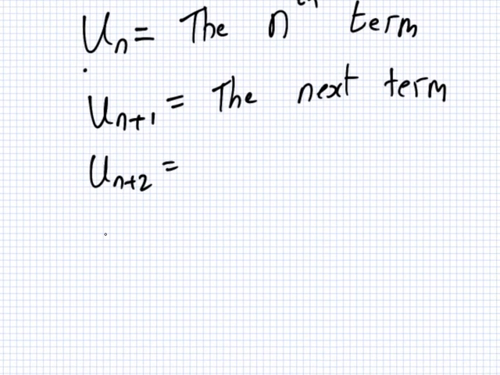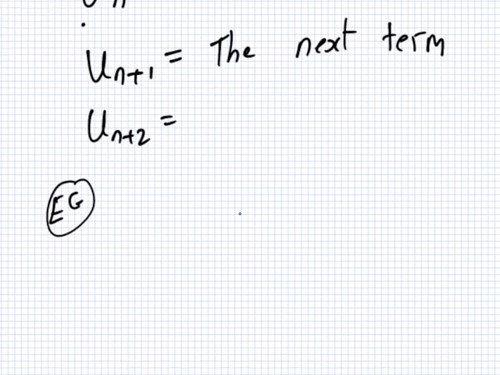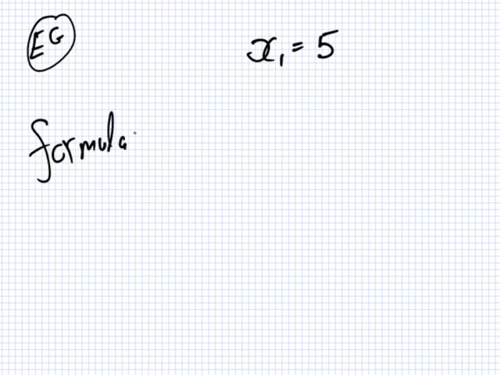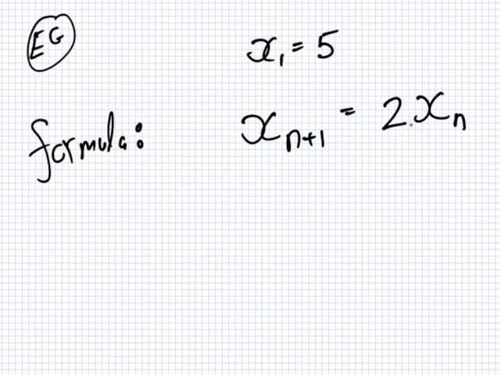Let's look at another example. So let's say I tell you the first term is 5, and then I give you this formula: x(n+1) equals 2xn. So how would you write this formula in words? Give it to me in words.